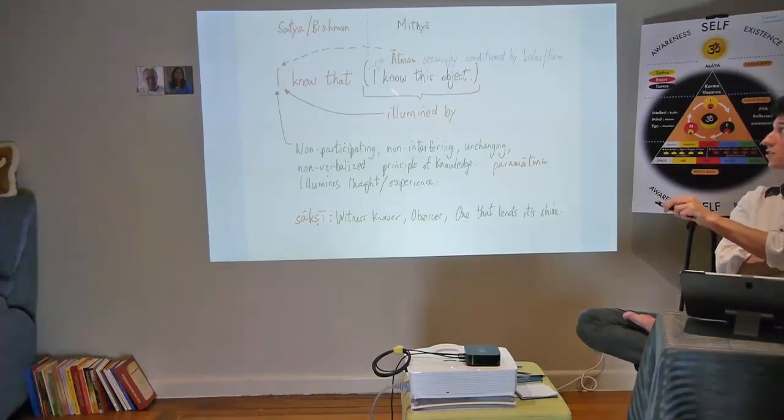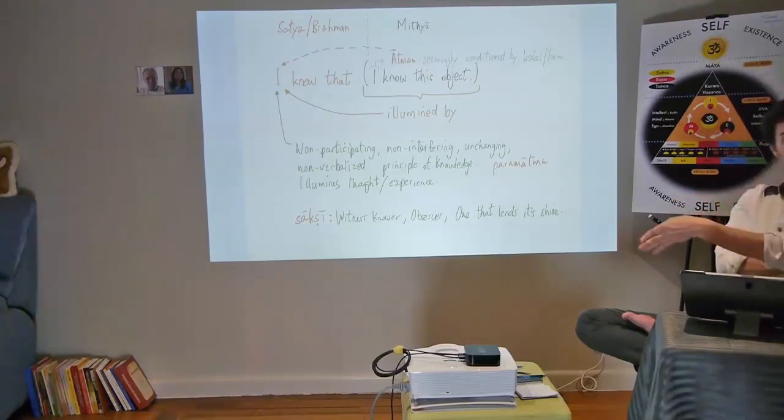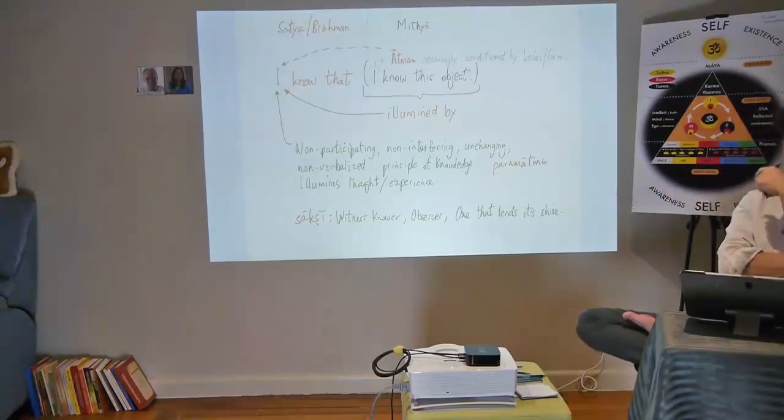Because if it interfered, I could not make the statement clearly. Why does it not participate? Because if it was participating, then I could not establish a direct decision, book. It would be interfering with my decision. Witness, knower, observer. Is that clear now?